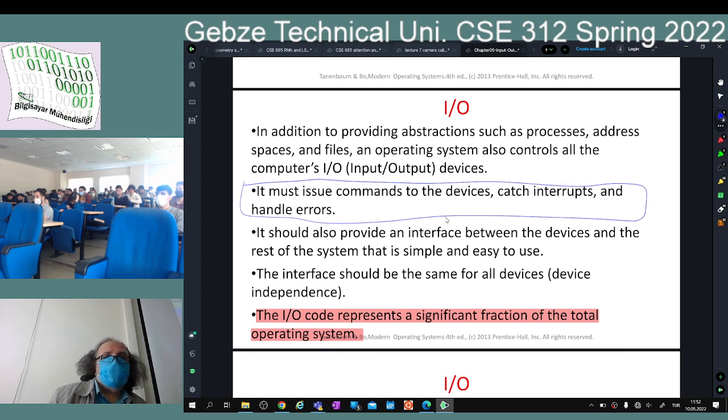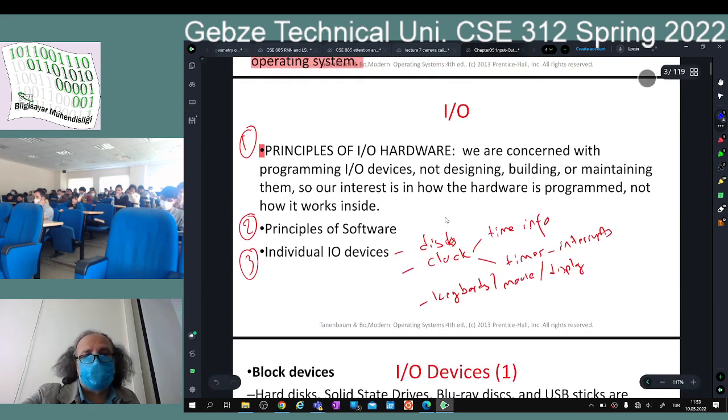It doesn't matter what kind of hard drive, SSD, or any other kind of storage I have, network storage. As an end user, as a system programmer, I say open file and I don't care about the rest, right? I don't care if it is a CD-ROM file, a DVD file, network file, SSD file. I just say open it. Who handles the rest? The operating system with the help of the I/O drivers. And for most operating systems, as you know, I/O drivers are part of the kernel of the operating system.